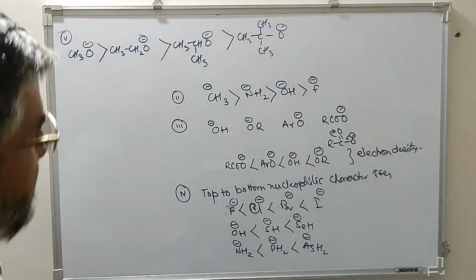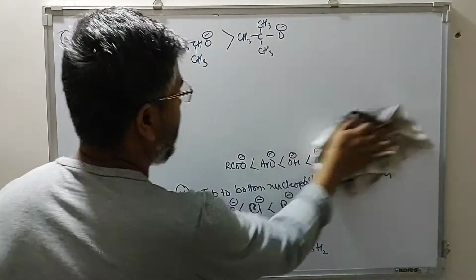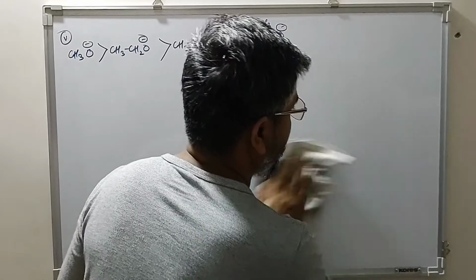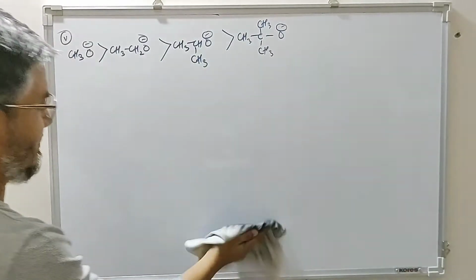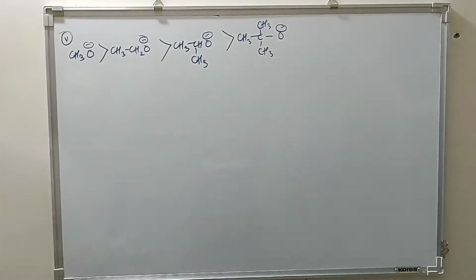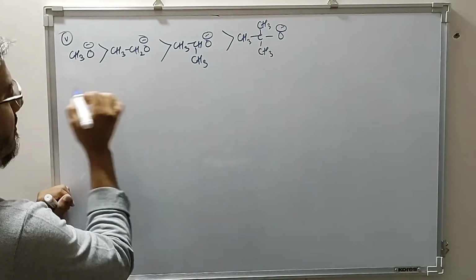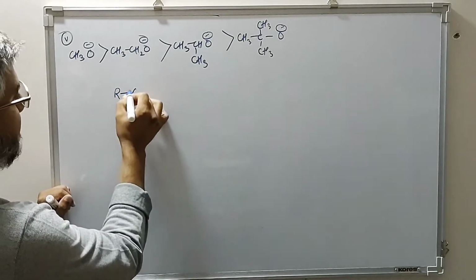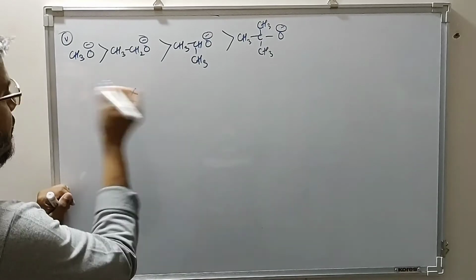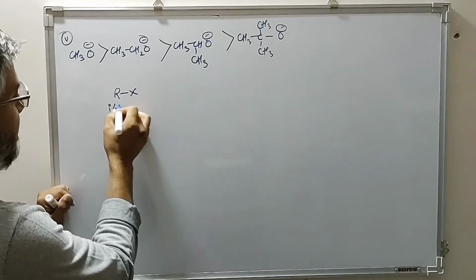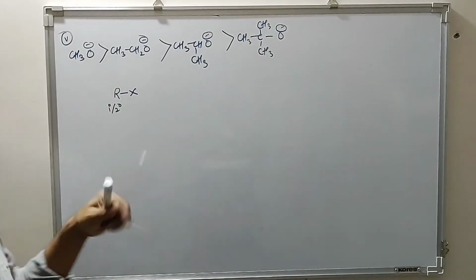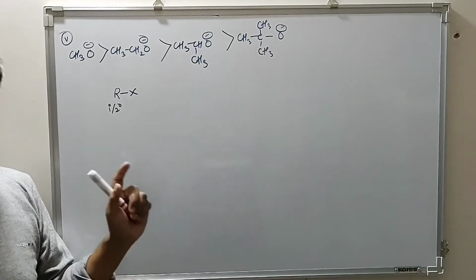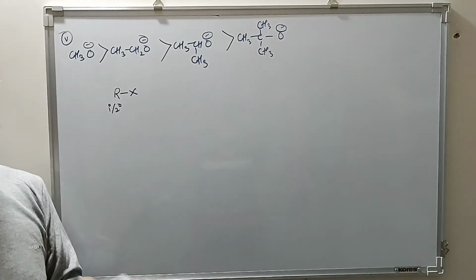Now we'll come to some specific reactions of SN2 reaction. We have RX, this is an alkyl halide. These alkyl halides should be primary and secondary. Tertiary does not undergo the SN2 reaction, so we should have primary as well as secondary.